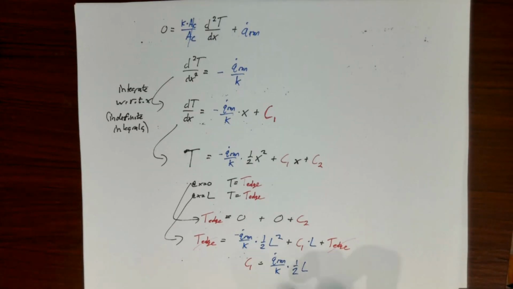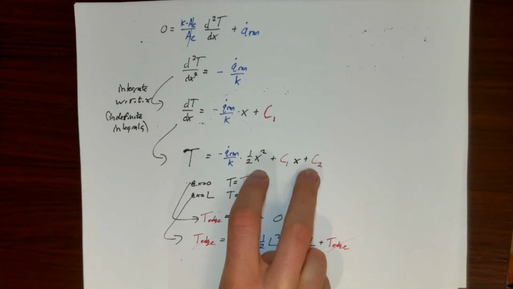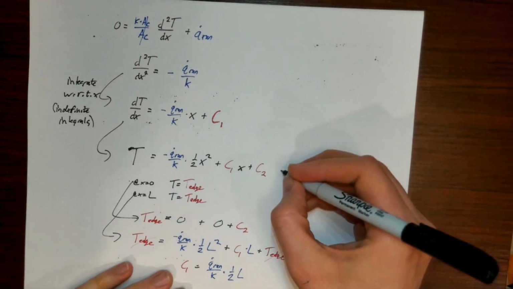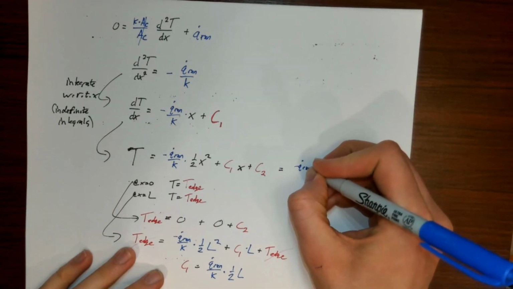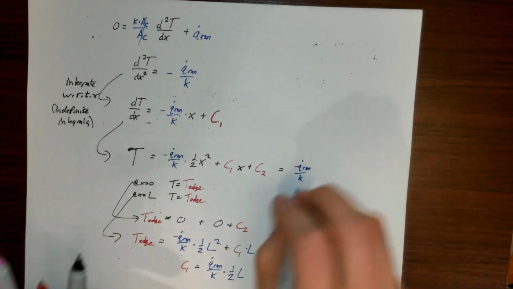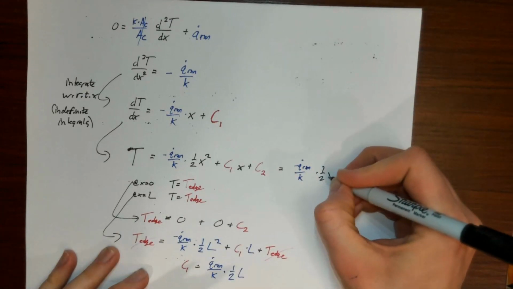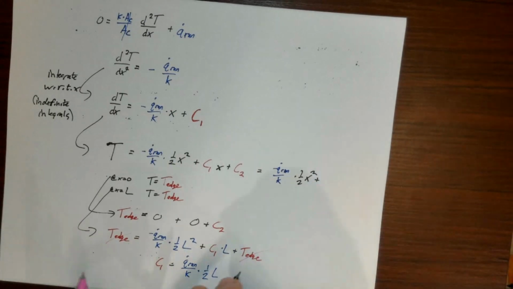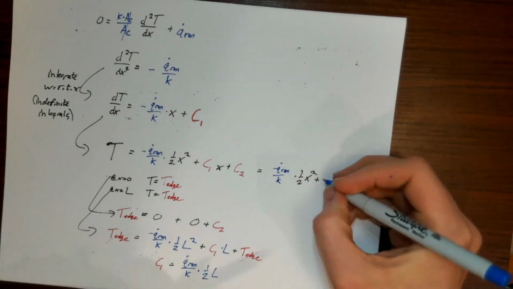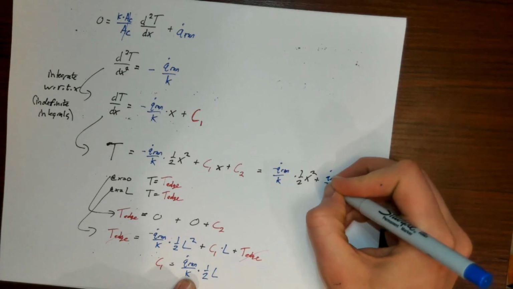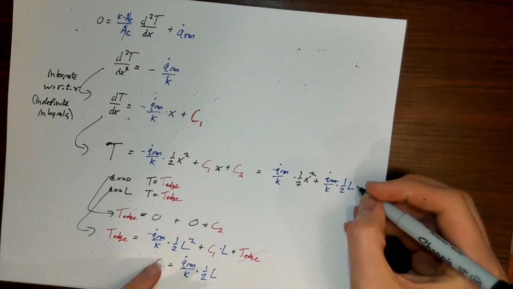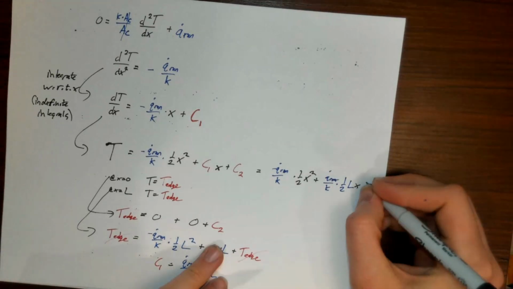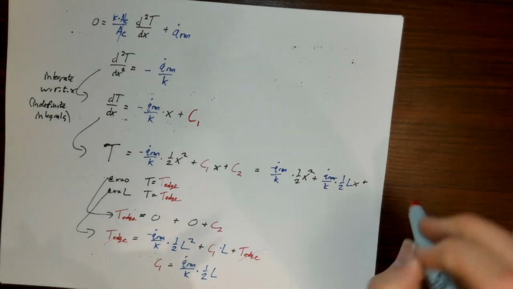I can now take my known C2 and my known C1, and I can plug them back into this equation here. And what do I get? I get minus q dot reaction over k times 1/2 x squared plus, I now have my known C1, q dot reaction over k times 1/2 L x, plus, and my C2 is T edge.